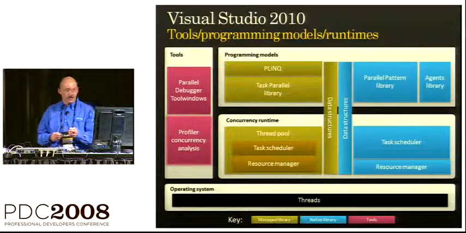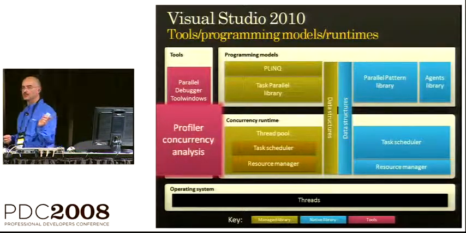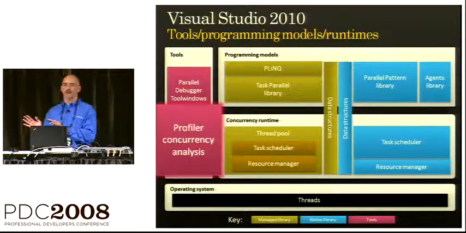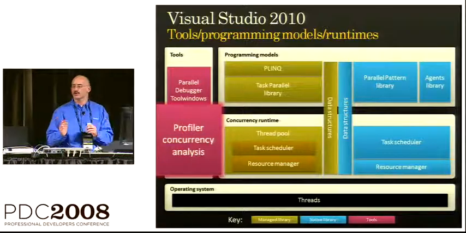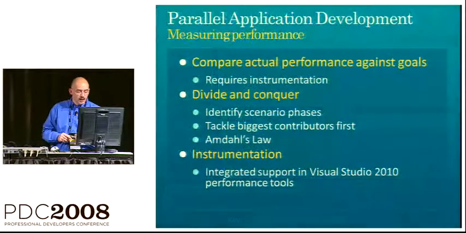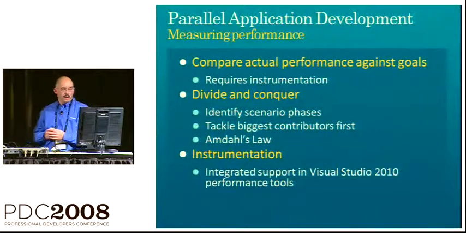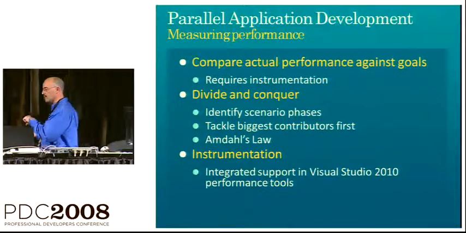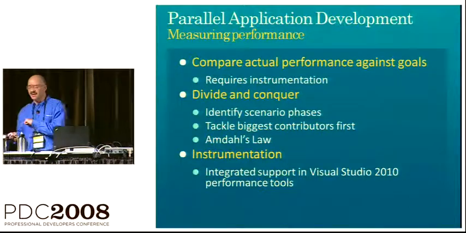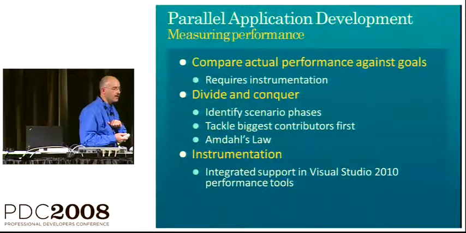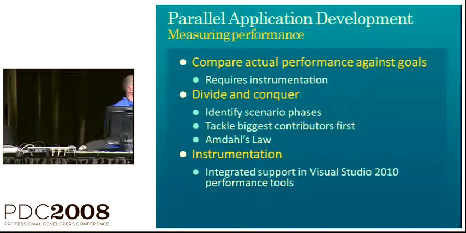OK, so now I am going to switch to the new stuff. I'm going to start talking about the parallel tools. But I'm going to continue with our parallel development process, right? So now I want to start measuring performance.